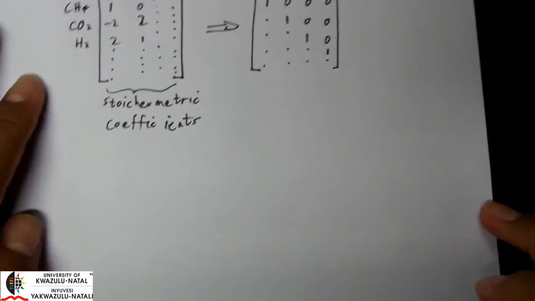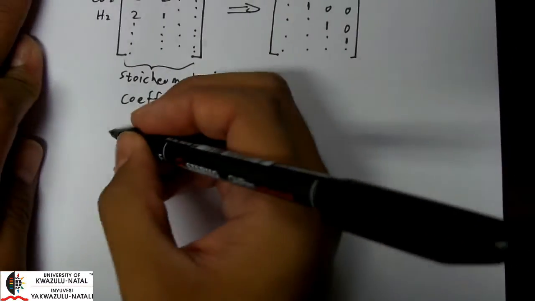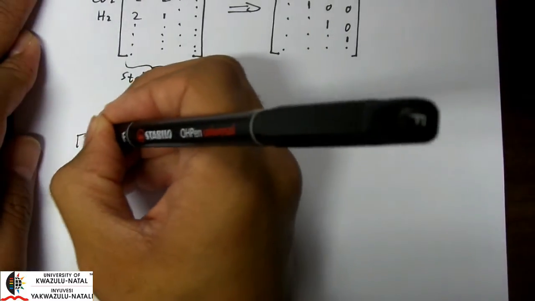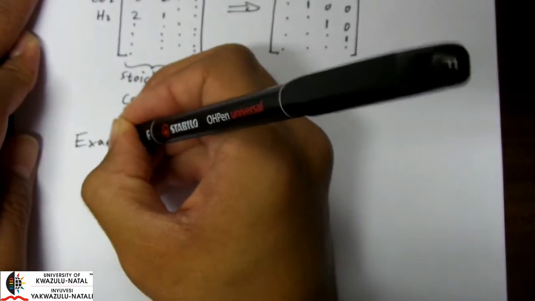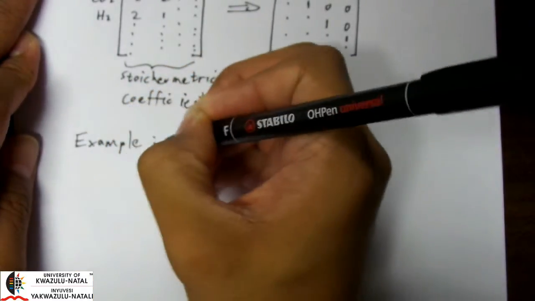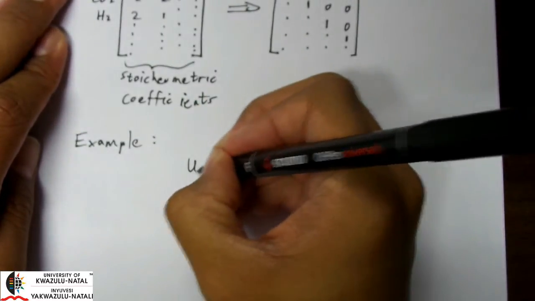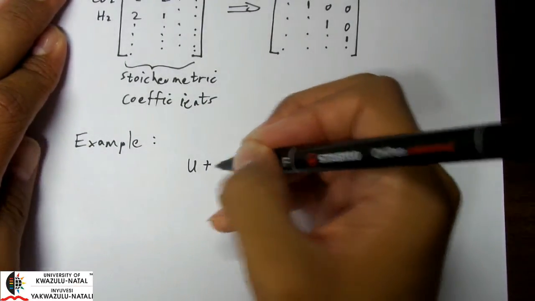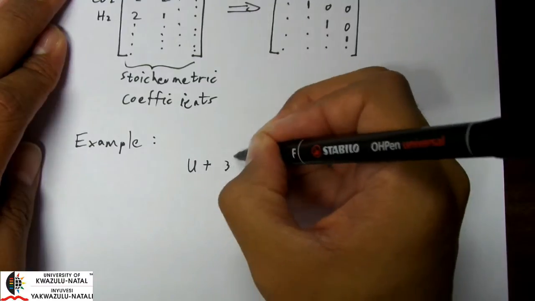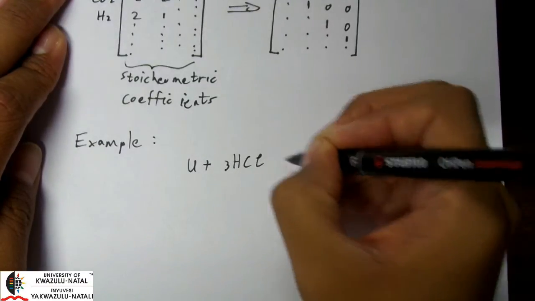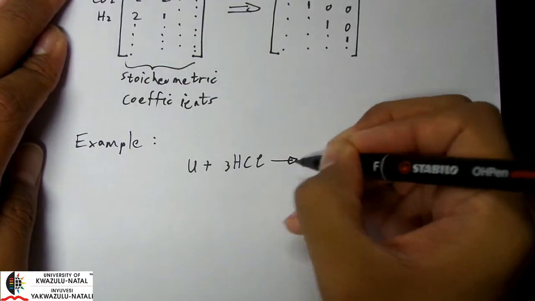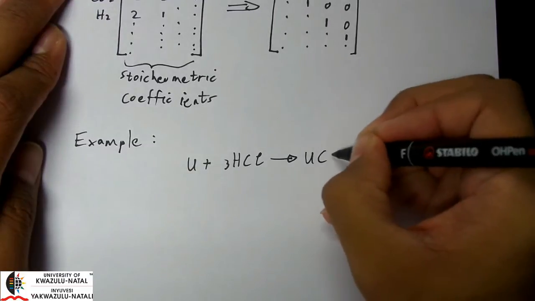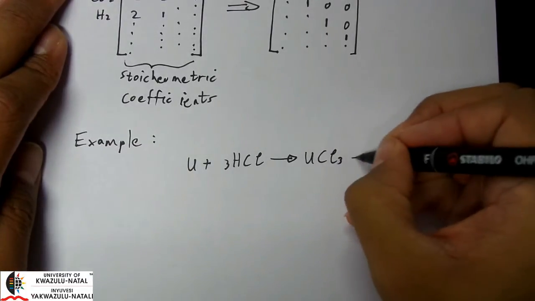So let's look at an example of an actual reaction set. Okay, we're looking at uranium plus hydrochloric acid, forming uranium chloride.